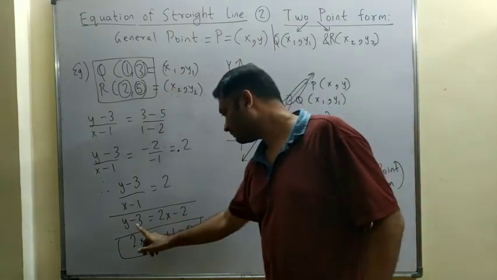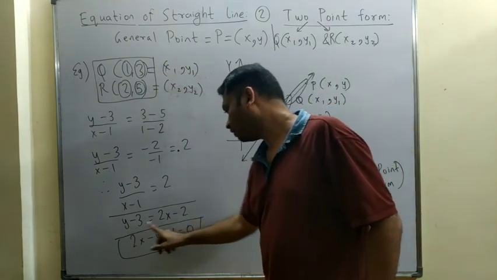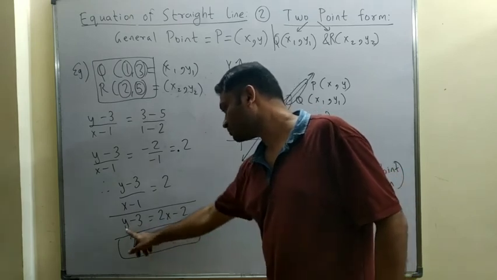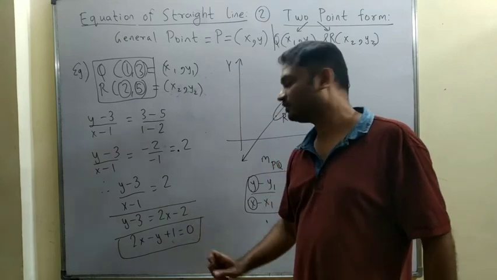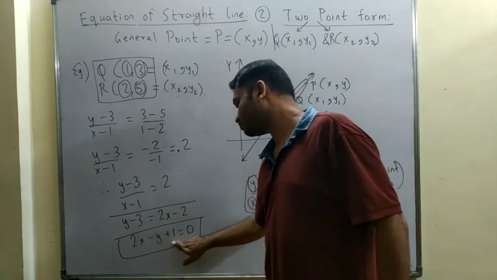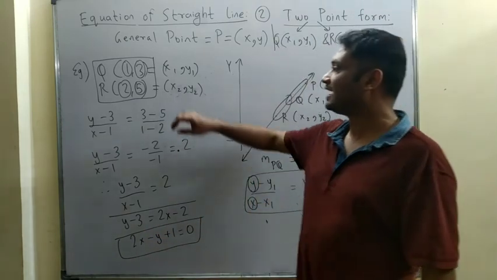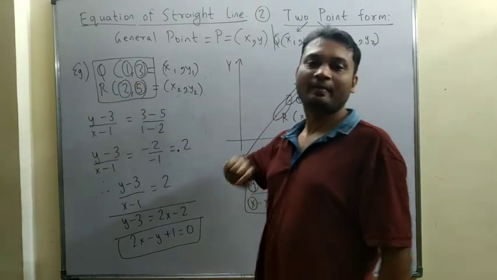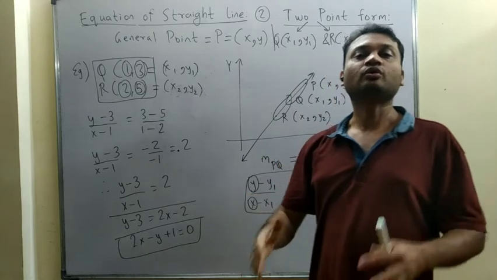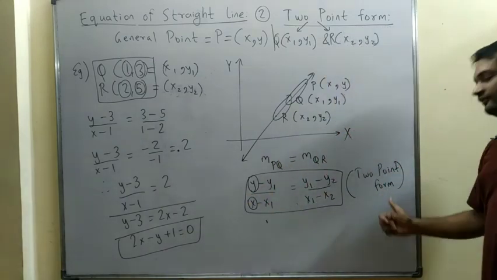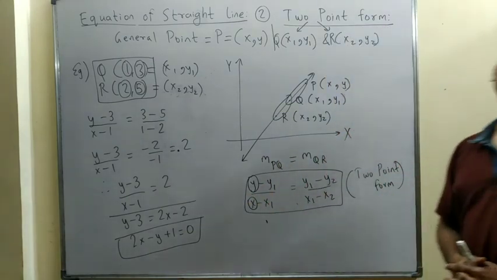So what we have done here, we have taken this y on the right side, so 2x minus y, and this minus 3 on the right side, so plus 1. So 2x minus y plus 1. This is the equation of the straight line passing through point 1, 3 and another point 2, 5. So this is how we will use two-point form to find the equation of a straight line.